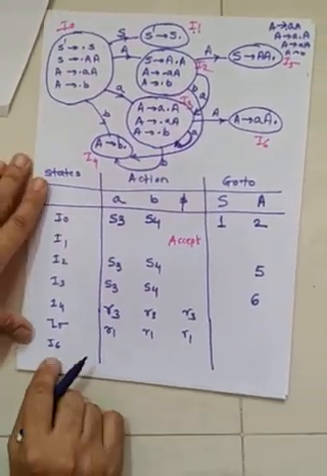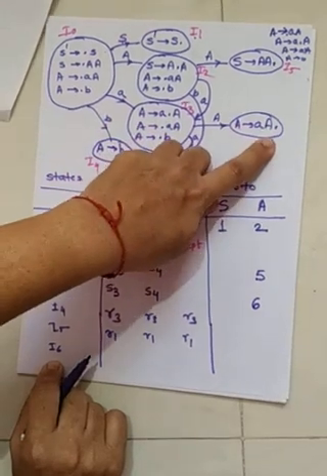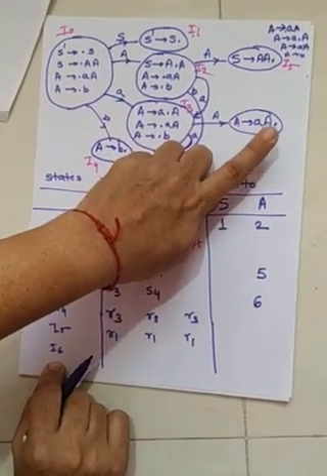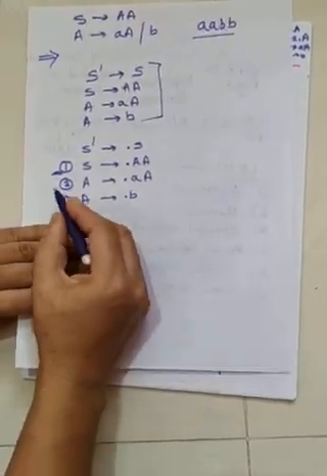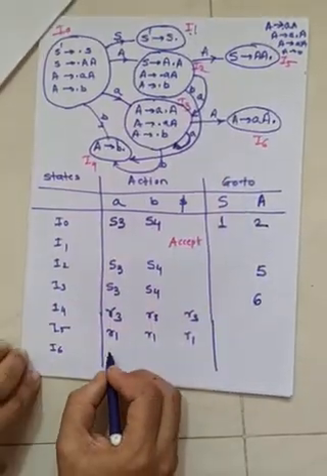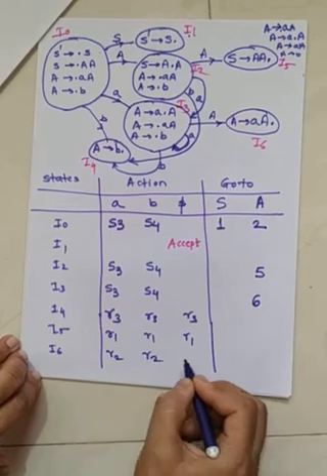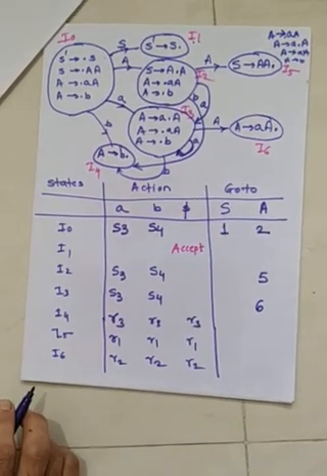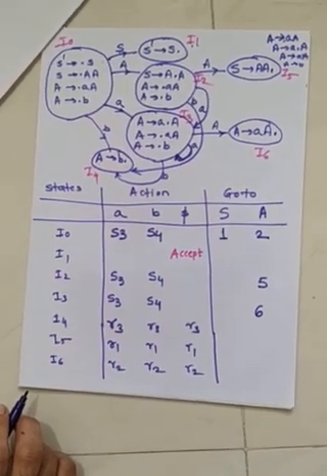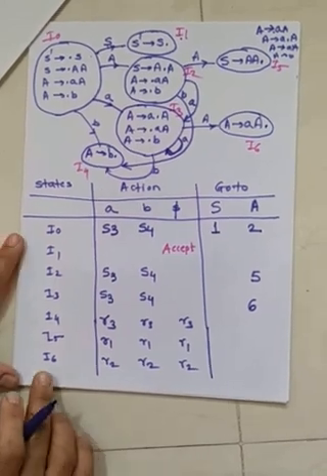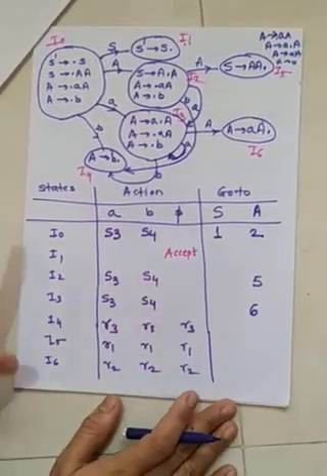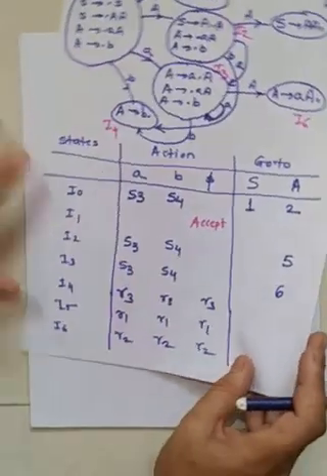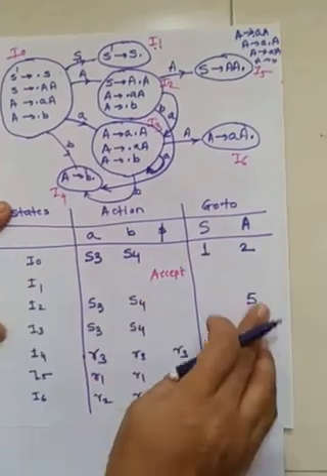Again I6 is a final state, a totally reduced state. We will write action R, and the production has number 2. So we will write R2 in all the columns. In this way we complete the parse table. So now we have a complete parse table.